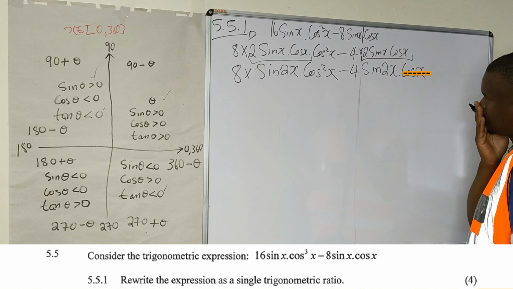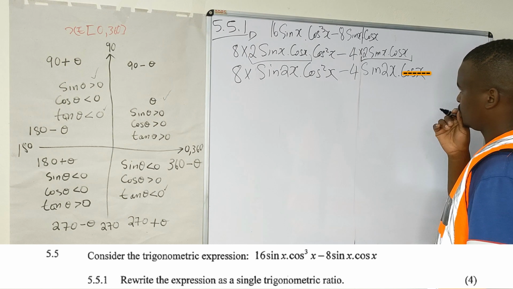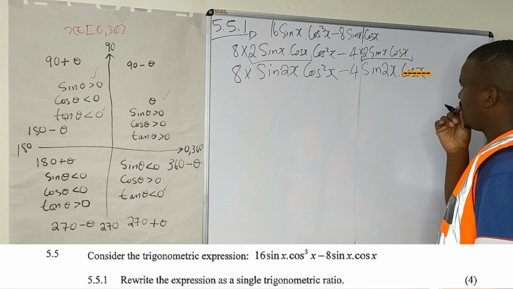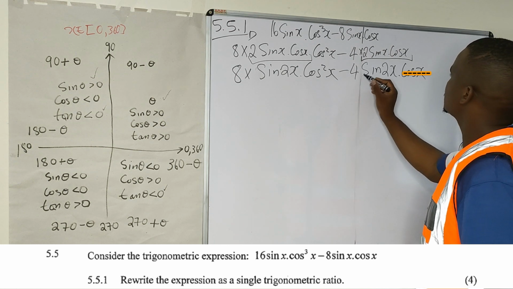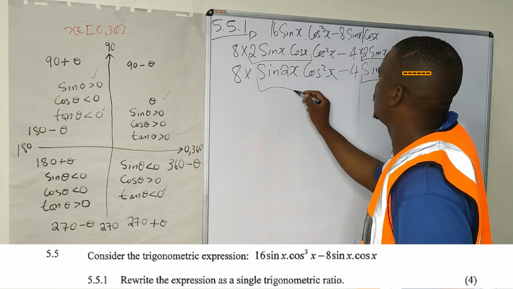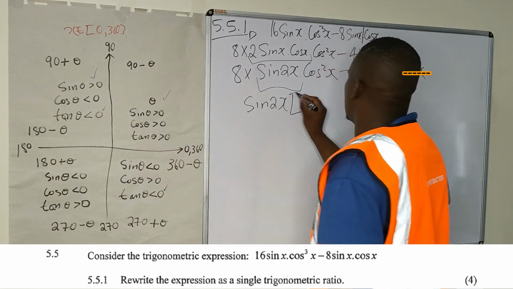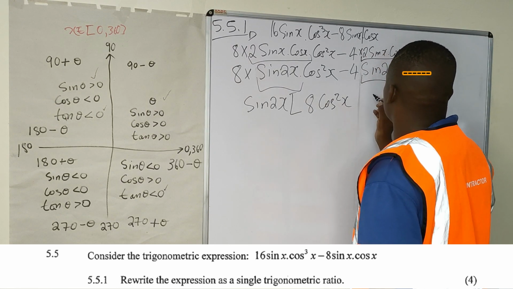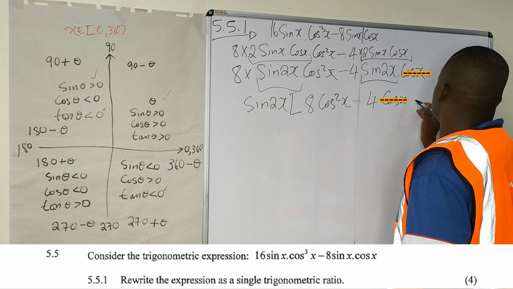What can we do now? We can take this as a common factor. So we say, okay, sine 2x, inside we're left with 8 cos squared x minus 4 cos x, right?